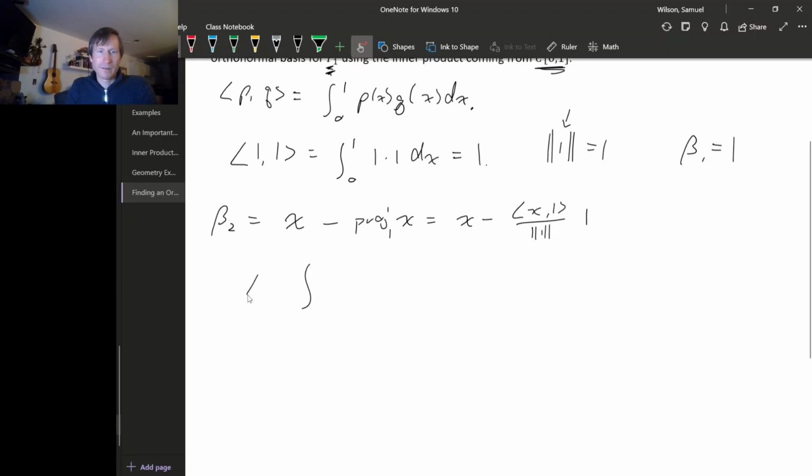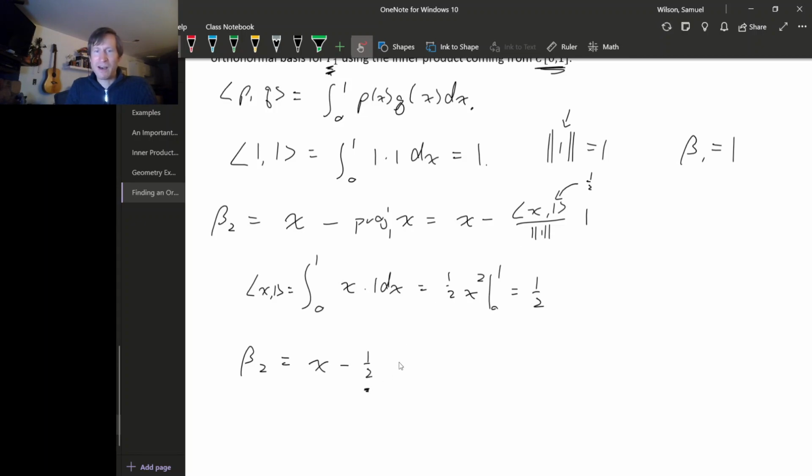That's the integral from 0 to 1 of x times 1, which is 1/2 x squared from 0 to 1. That's a half. So this vector we're calculating is x minus 1/2, the scalar 1/2 times the polynomial 1, which is the polynomial x minus a half.